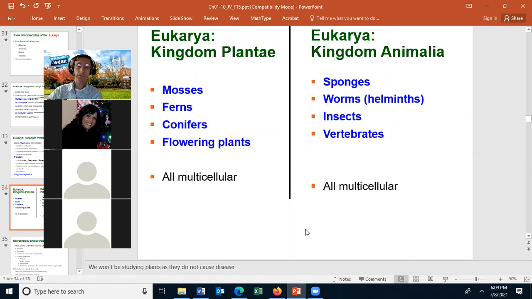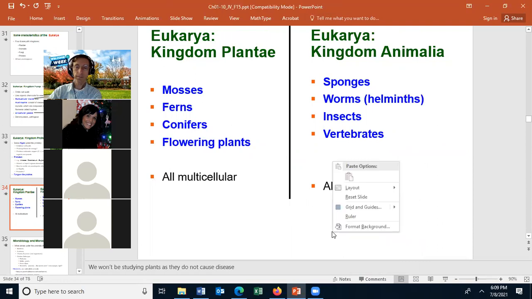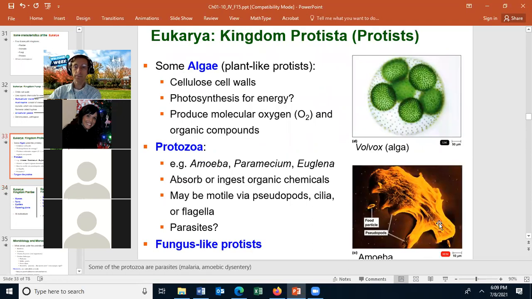That is different from the protista, which are largely unicellular. All right, any question about the plants?